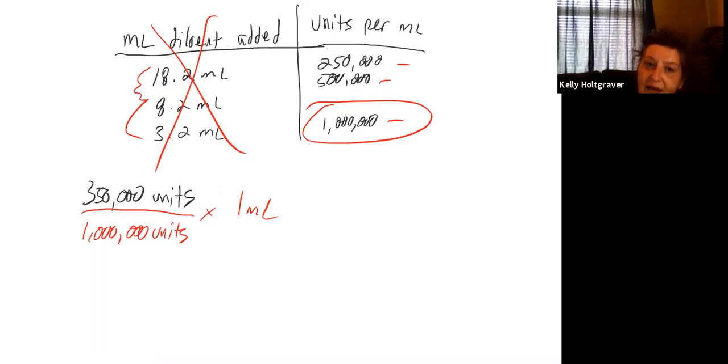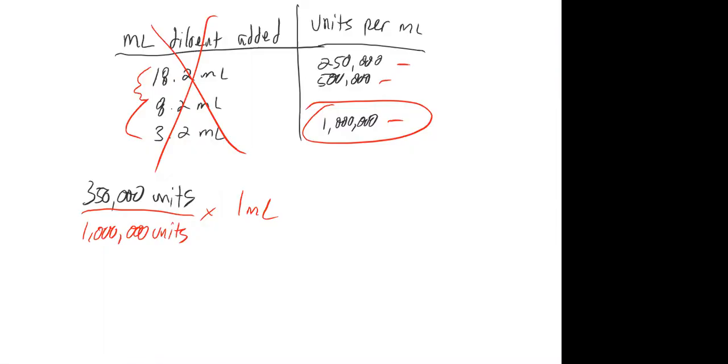I was adding the milliliter diluent. Okay. No, and that's a common thing that people do: they will add the milliliters diluent added and try to figure out what that is. So here's the reason it's written like this. Let's say you're looking at a drug label.